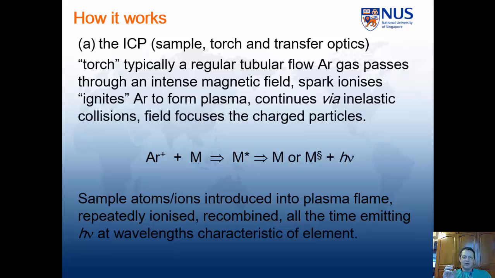Around the tube is effectively a very powerful RF generator, which gives you an intense magnetic field.